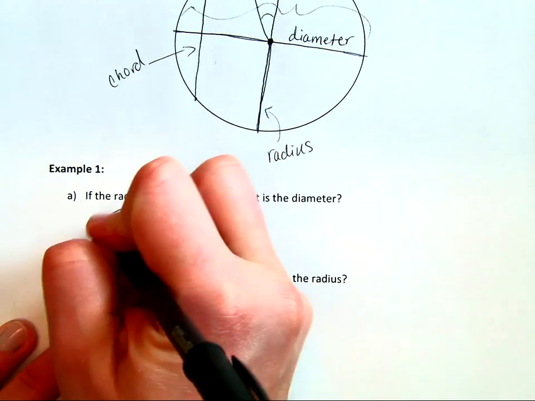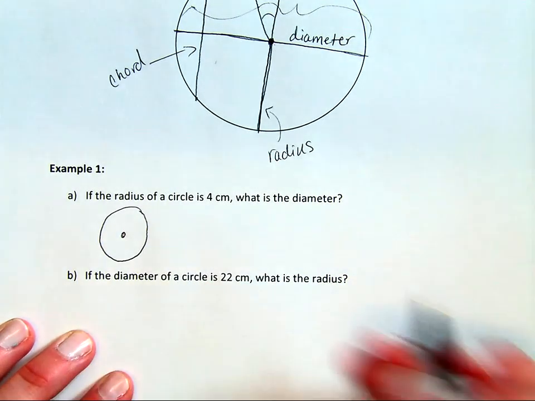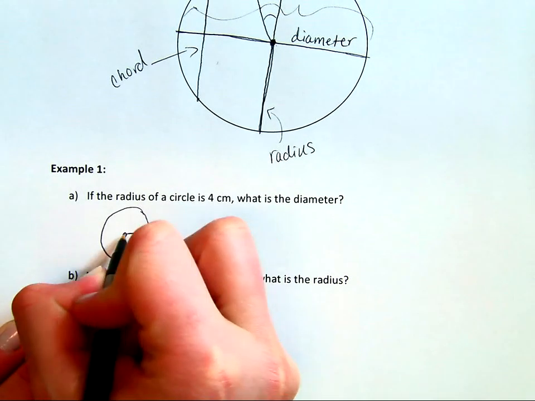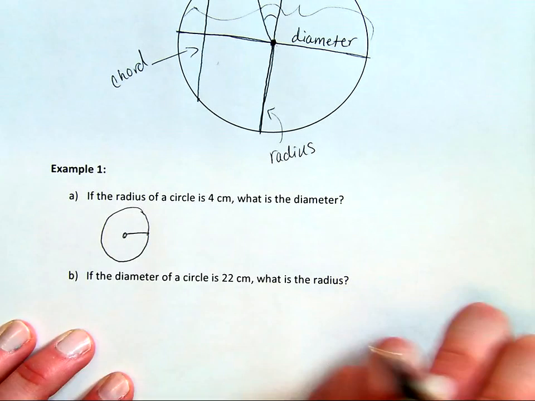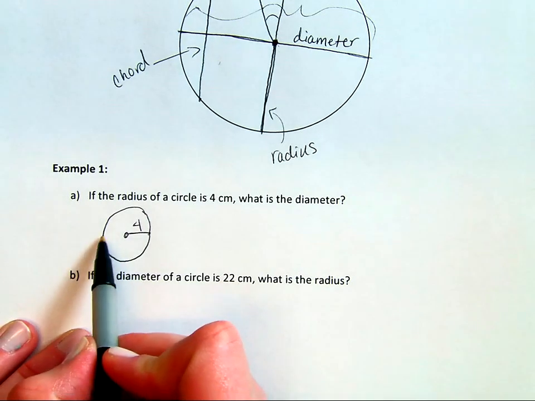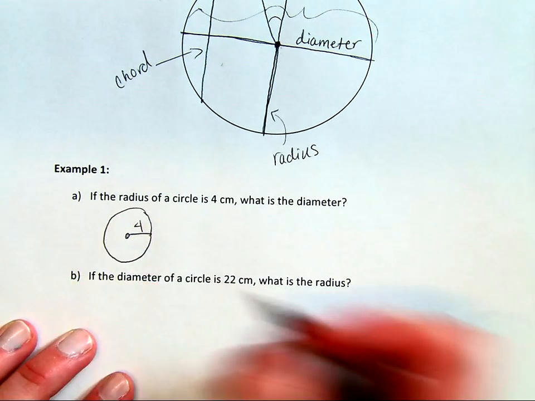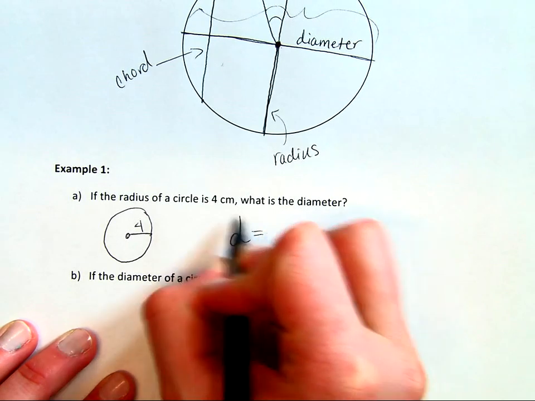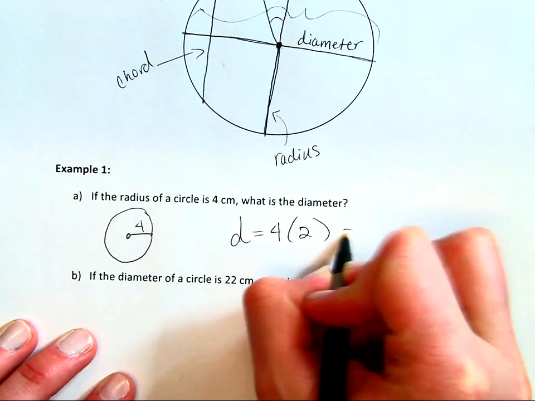If we have a circle, excuse my circle, that's not very good, the radius goes from the center to an edge of the circle, and we say that's 4 centimeters. We want to know what the diameter is. The diameter is going to go all the way across, so it's going to be double the radius. So D is going to be 4 times 2, which is 8.